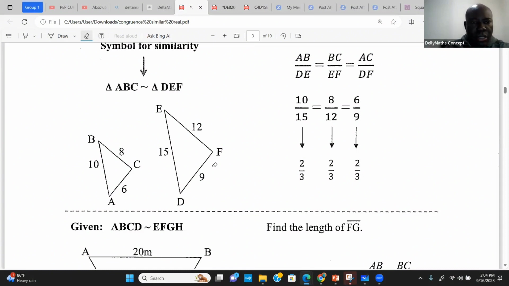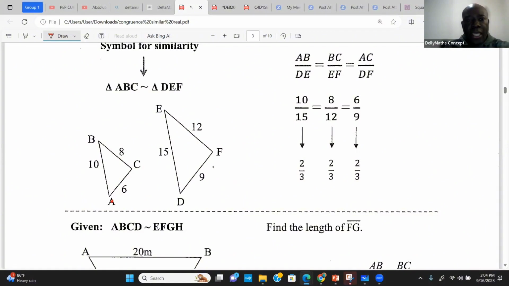Now, let's look at what's going on here. So we're taking a quick look at these two shapes. We are told here that triangle ABC, from A to B to C, is similar to DEF, right? So when they're similar, if you take a ratio of the sides that correspond, we'll get back the same number.